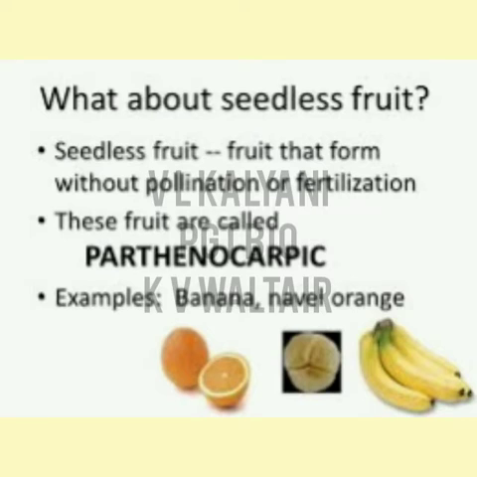Example, banana. Generally, many seedless fruits are parthenocarpic fruits. So these are the different types of fruits, children: true fruit, false fruit, and parthenocarpic. And the other classification is fleshy fruits and dry fruits.